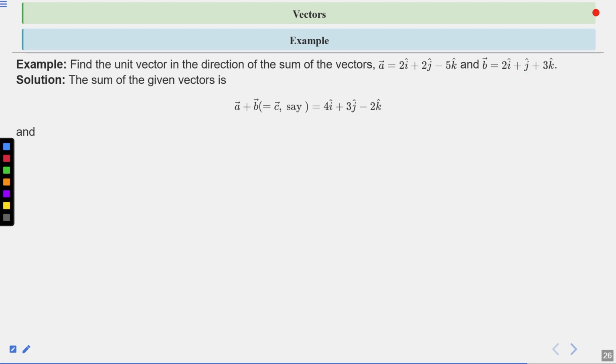And the mod, or magnitude, of vector c is equal to under root 4 square plus 3 square plus minus 2 whole square. So it will be 16 plus 9 plus 4, equal to under root 19.